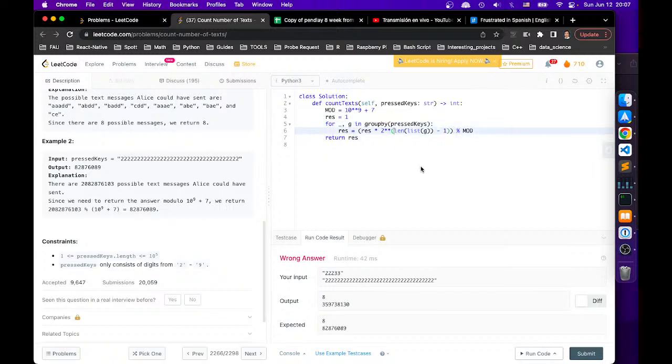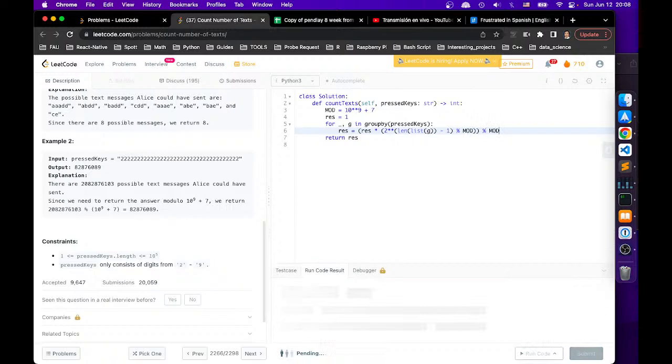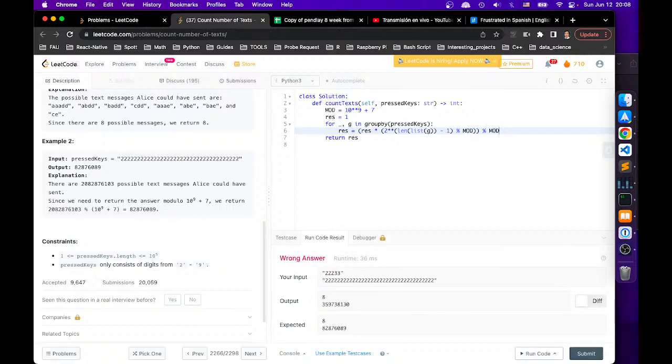All right, this is something I'm not 100% sure, but maybe we have to do 2 to the this power mod this, and then this one mod again. I don't know, maybe. Nope, and nope.